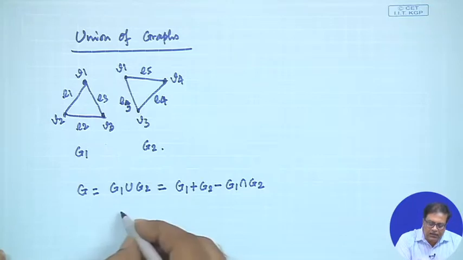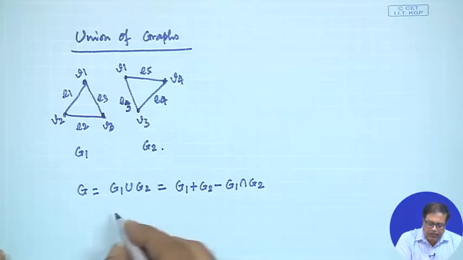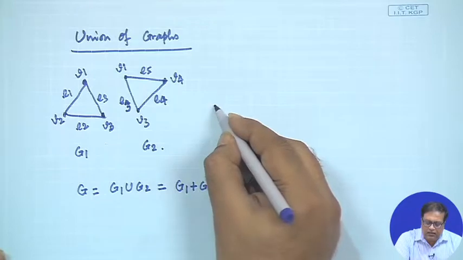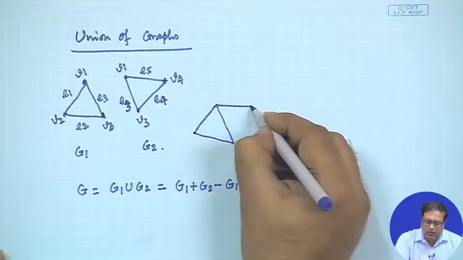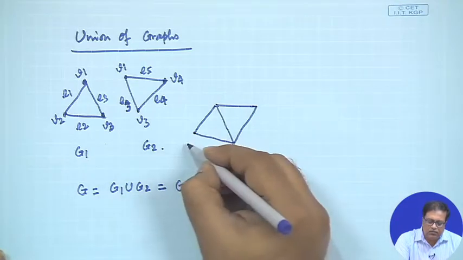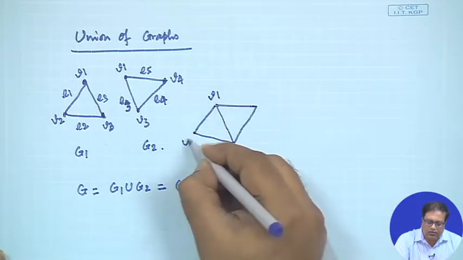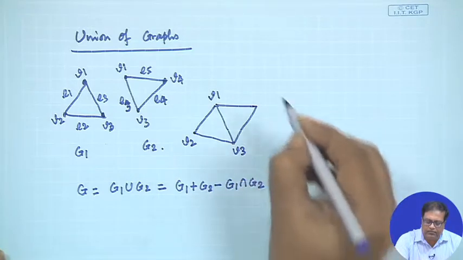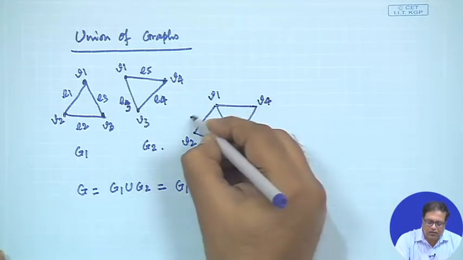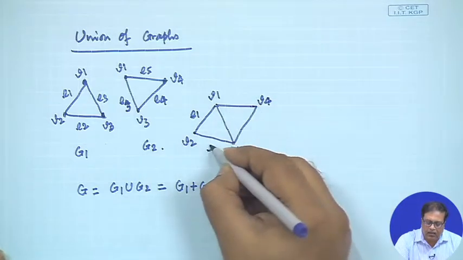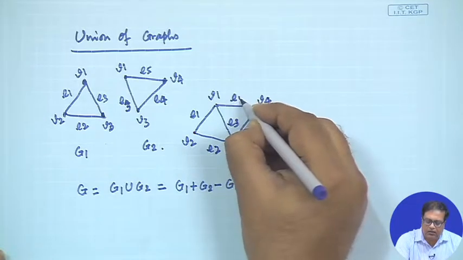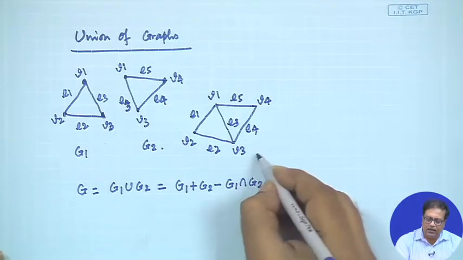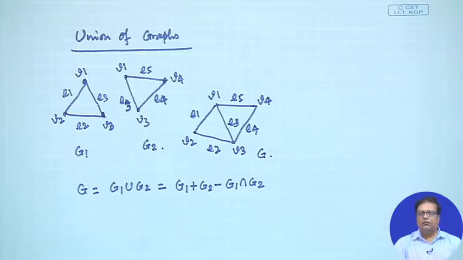The union would be simply this one, then this one, with V1, V2, V3, V4 and E1, E2, E3, E4 and E5.